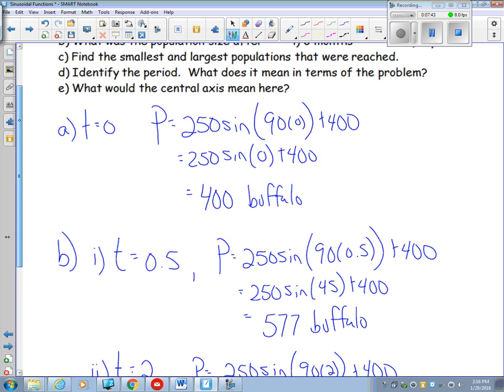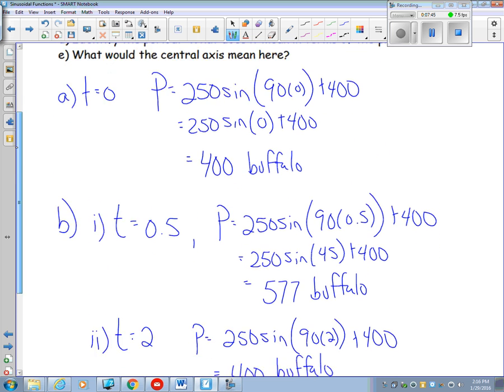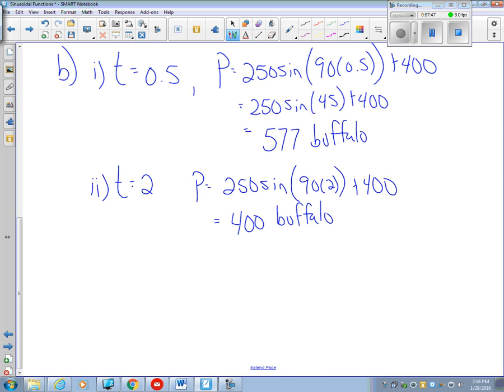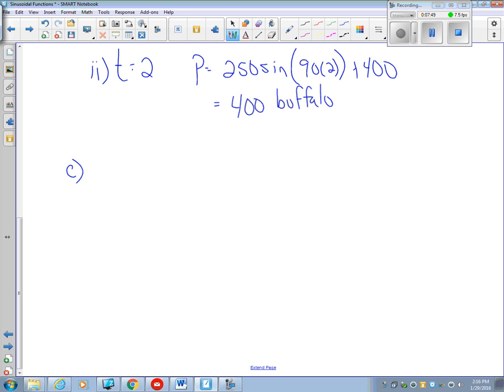Okay, part C. Find the smallest and largest populations that were reached. In other words, let's find the range. Okay, so our max is our C value, our average value. Well, that's 400. Plus our amplitude. That's our A value, right? It went up by 250. That gives us a total of 650. There's our max.